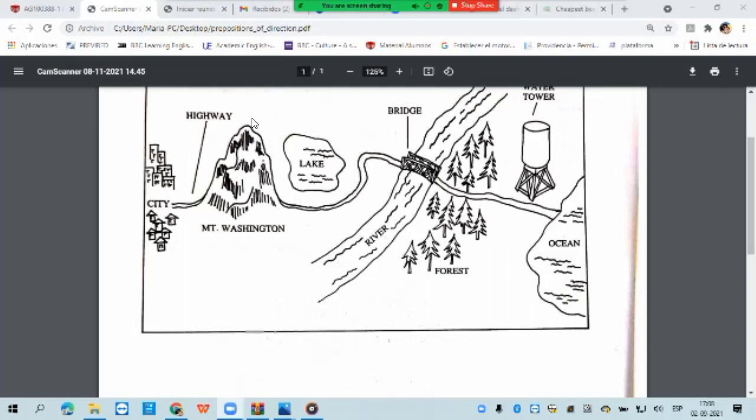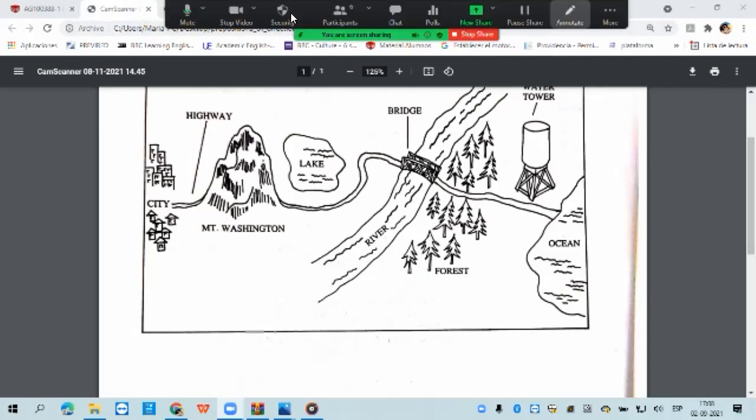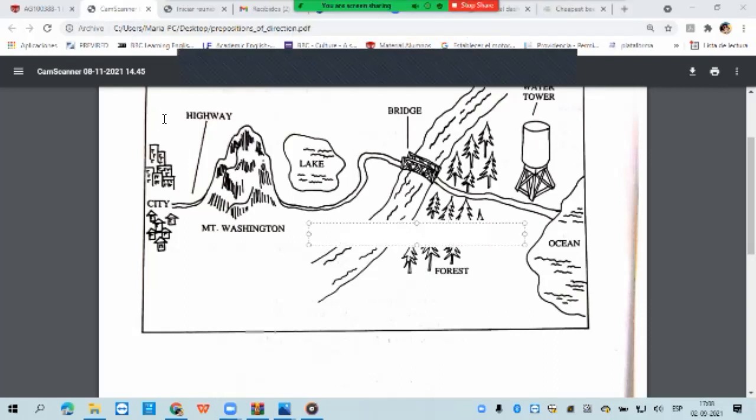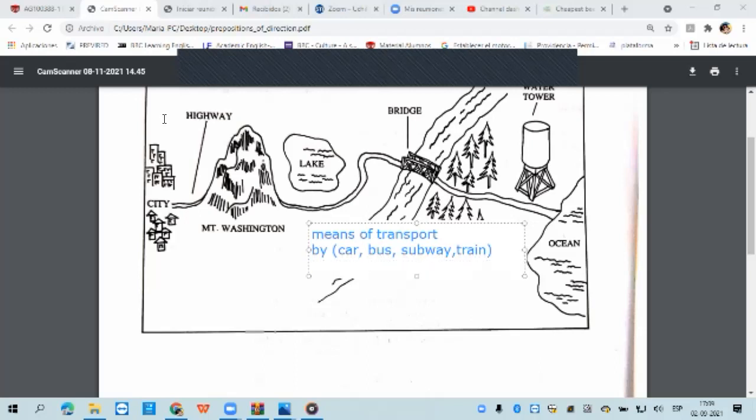When you travel, I mean, means of transport, for example, you say by car, by bus, by train, by airplane, by subway. All the possibilities, by train, etc. The only exception is on. You say on foot.